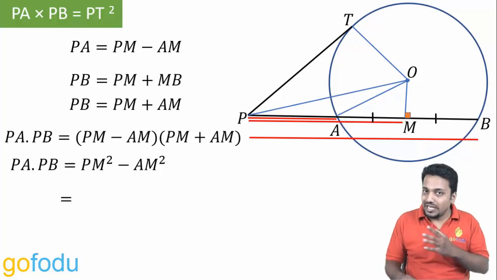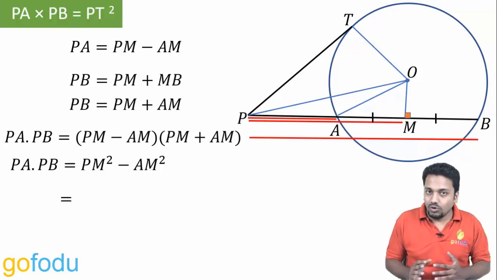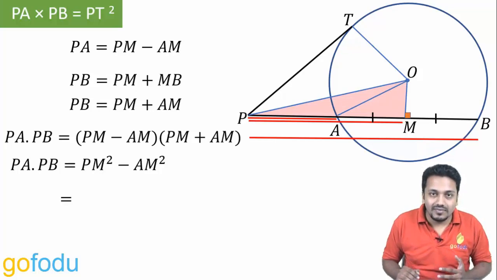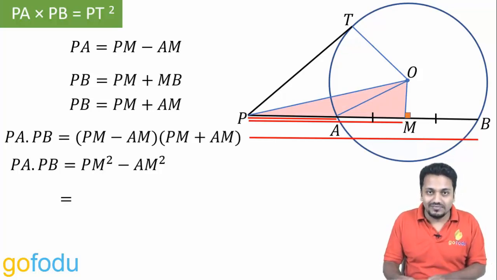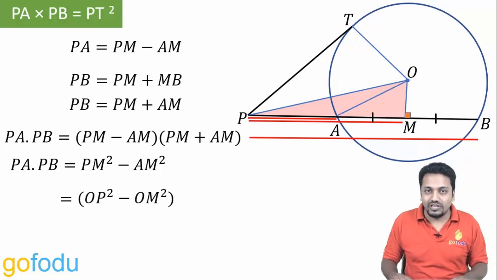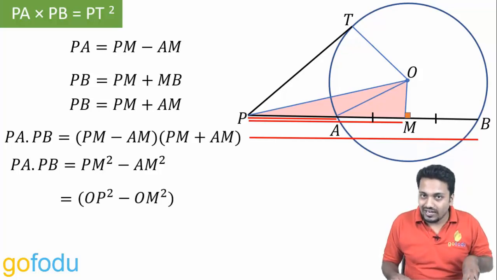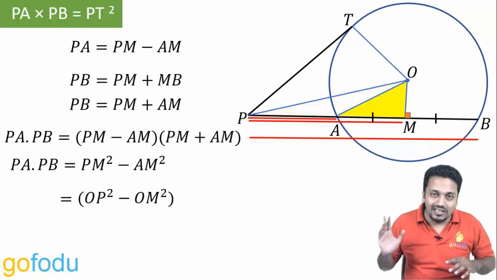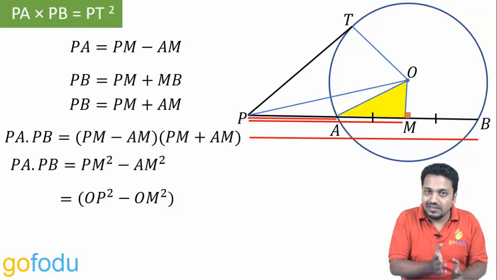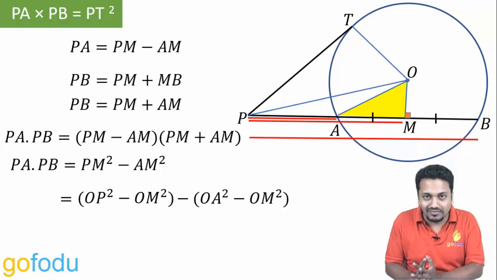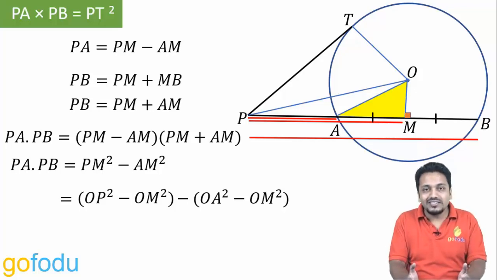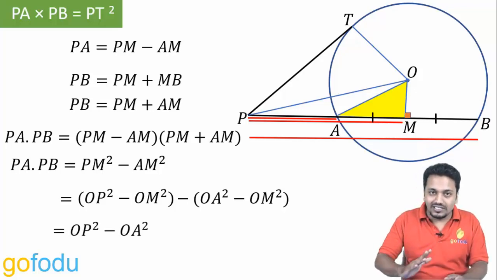Now I have PM square minus AM square. PM square, in this red triangle, is OP square minus OM square. And AM square, from this yellow triangle, is OA square minus OM square. Open the brackets. OM will cancel.